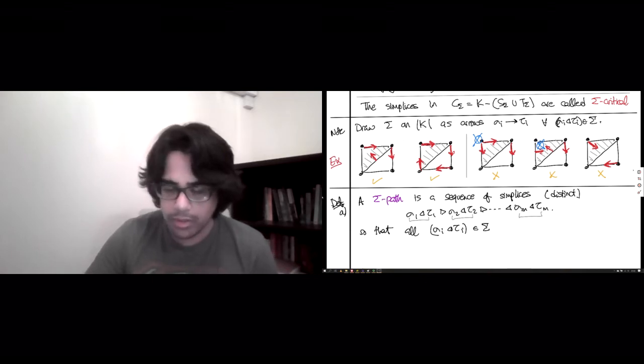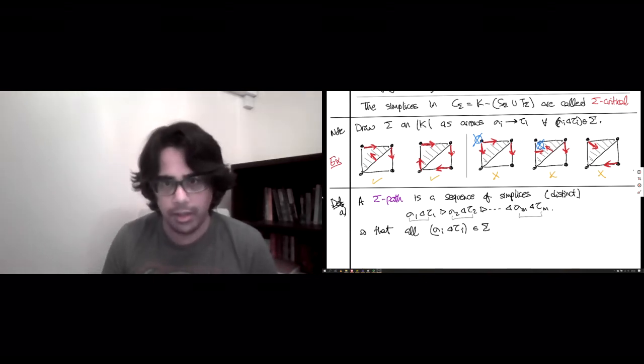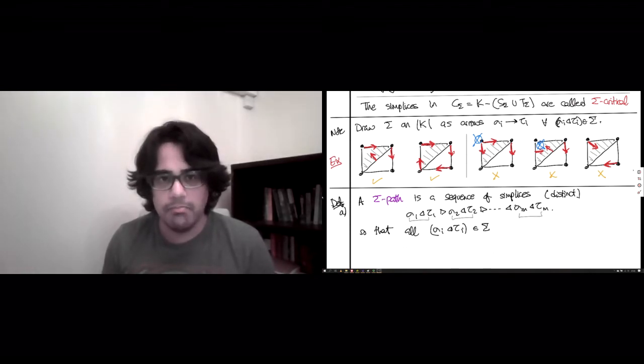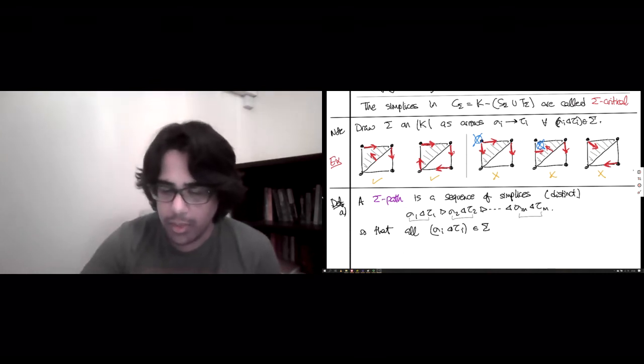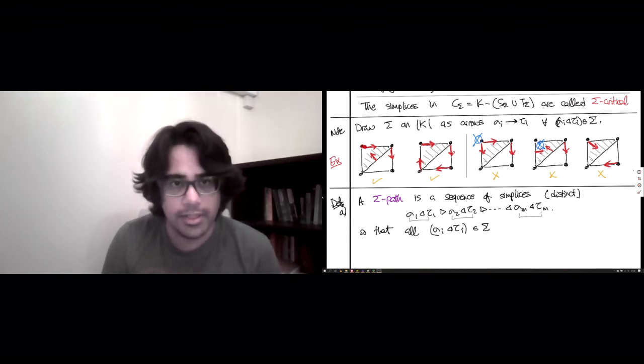And what we want to do, for reasons that will become clear towards the end of this lecture, maybe not immediately, is ban certain types of paths. So we can illustrate this already with the examples at hand. So here's a path in the first example. So here's a sigma, that's this vertex. You go up to its tau, that's the edge.